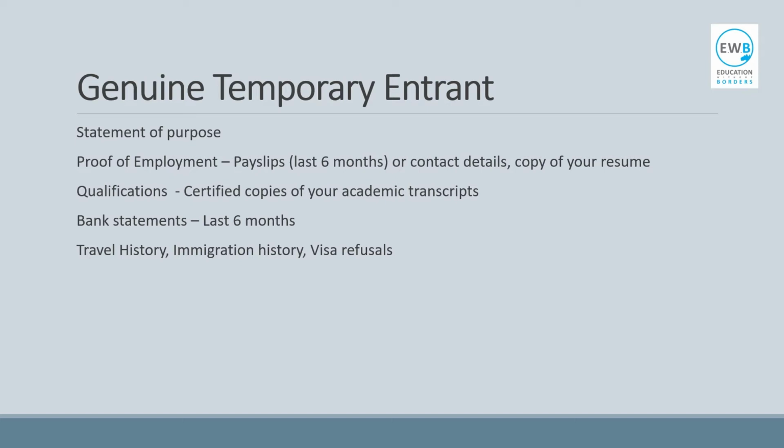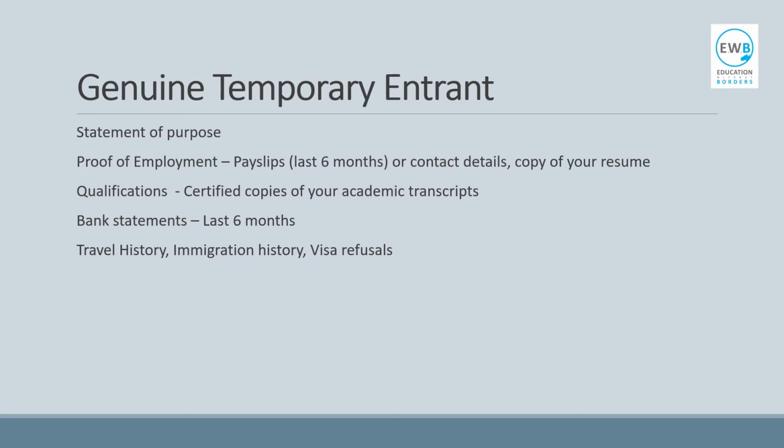You are required to complete a statement of purpose, and as part of that process, you'll also need to show proof of employment or what your previous employment was, and demonstrate what your pay slips were for the last 6 months, or provide contact details of your last employer, and also provide a copy of your resume and any qualifications that you have obtained while you have studied overseas, to demonstrate the link between what you've studied previously and what you're looking to study in Australia.